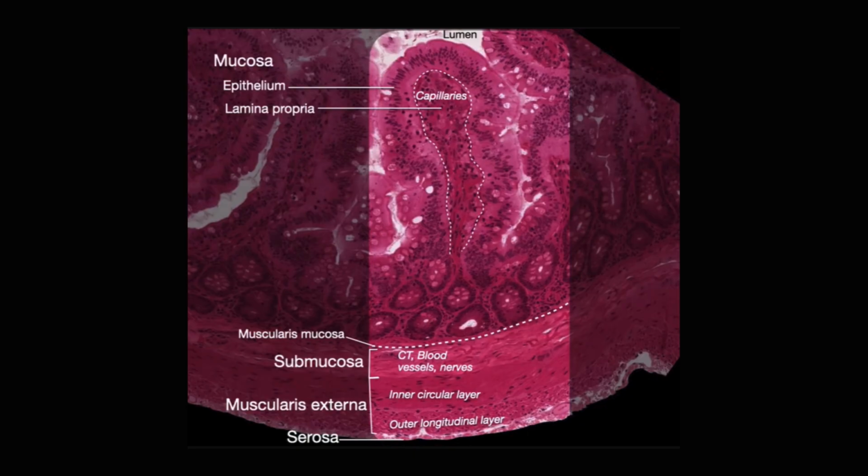Always remember that the submucosa is the only part of the esophagus that has dense connective tissue, blood vessels, and nerves. The outer portion of the submucosa will have the muscularis externa, which has the inner circular layer and the outer longitudinal layer. And then the most external part of the esophagus would be the serosa, which consists of a serous membrane that covers the outer surface of the GI tract, acting as a lubricant, reducing friction in between them.